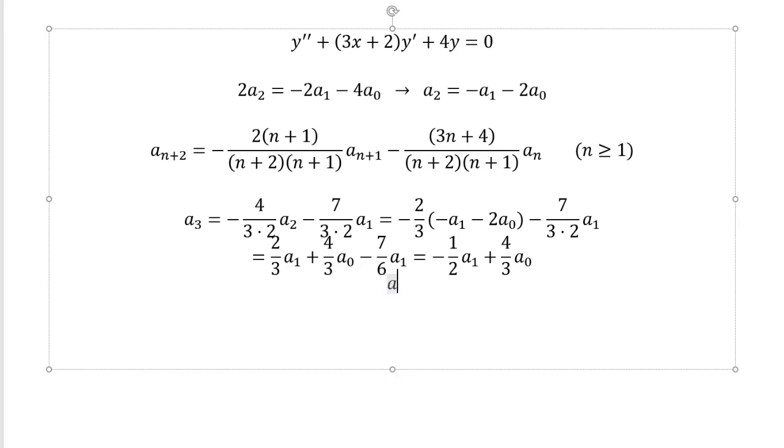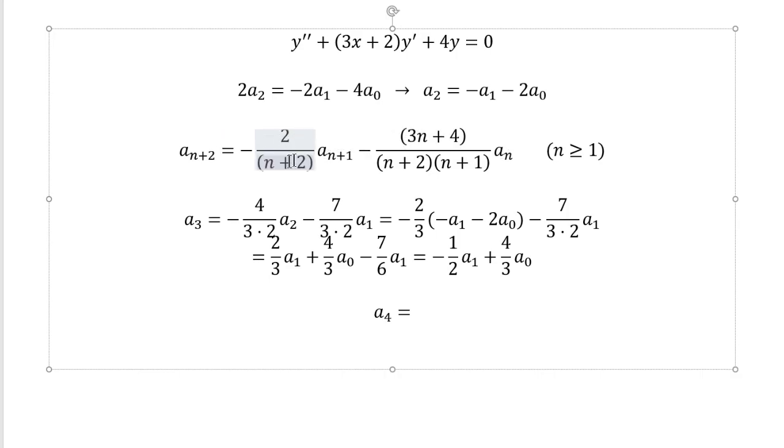So a4 would be, that's when n is 2, so I'm going to use this one, but with n equals 2. If you have 2 times, oh, there's something I forgot. See, n plus 1 and n plus 1 cancel, right? That would have made my life a lot easier. Okay, so that's a lot easier, right?